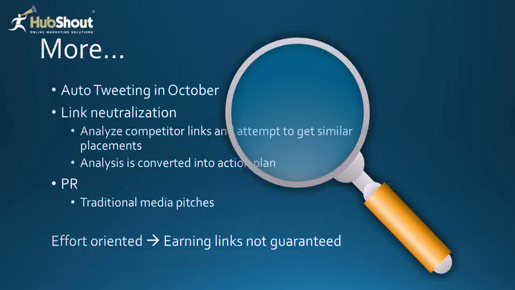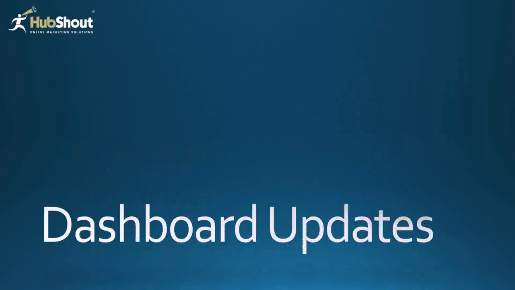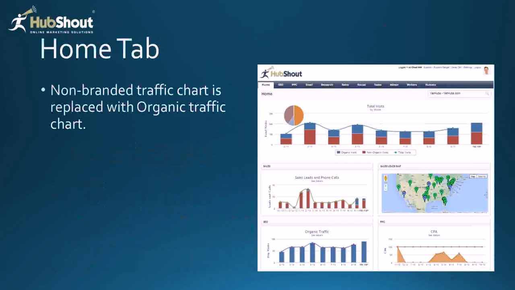Okay, well, the next part of our webinar, we wanted to get back to some dashboard updates that we recently launched. This was related to yet another recent Google change. Google announced that they were moving to 100% encrypted search.